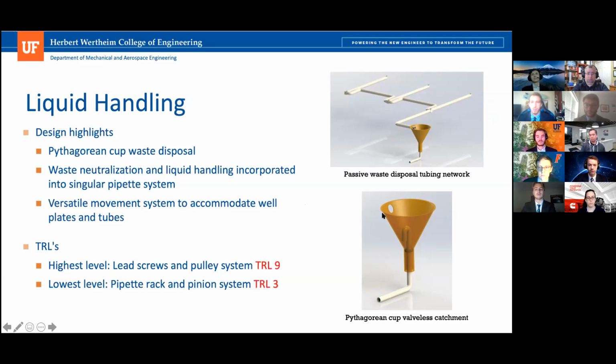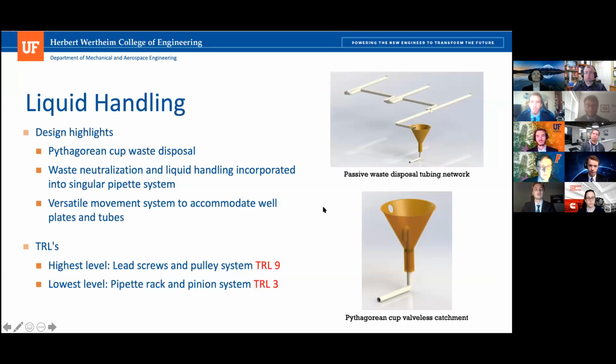So it removes the need for a valve and takes advantage of just gravity-driven flow. We've just got tubing that runs through the funnel and an O-ring to make sure that's sealed off in there. I think it's a pretty interesting concept to remove the need for any more automated waste disposal.